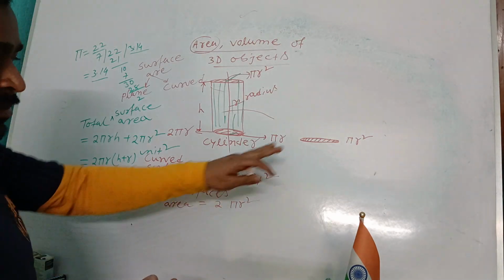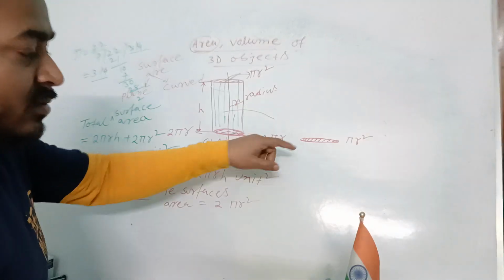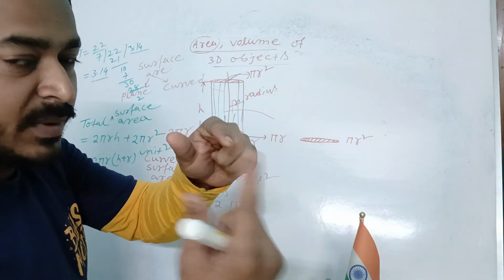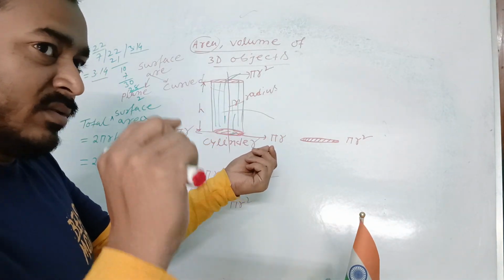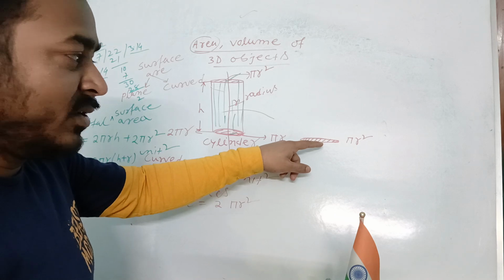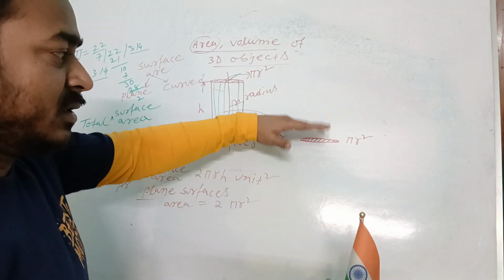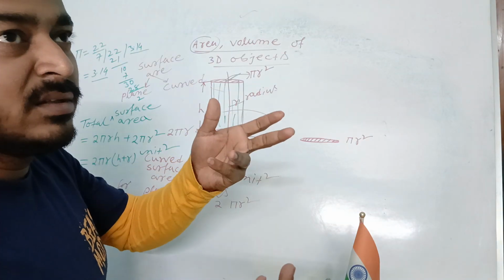Is it yes or no? Here you can say thickness. If I take one biscuit, compared to the circumference, thickness is negligible. So this much thickness into pi r square. So the surface area is pi r square.